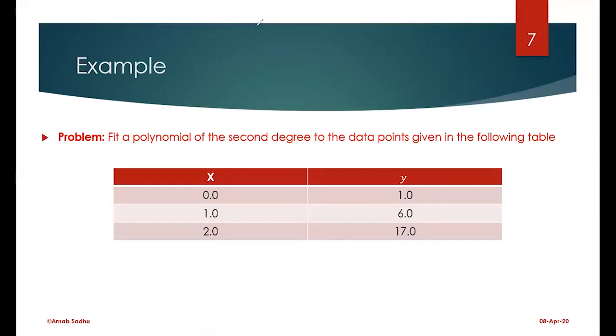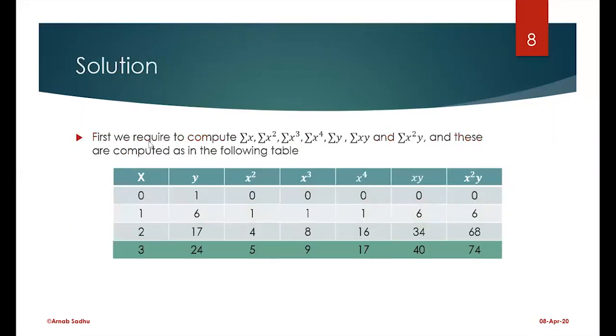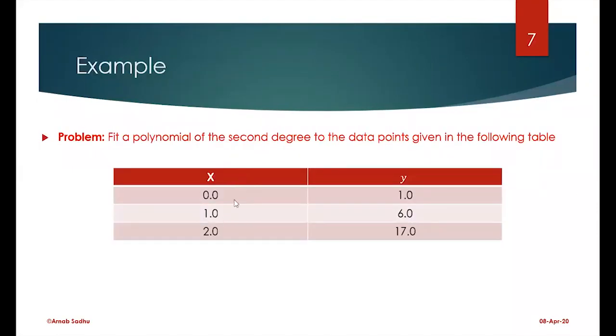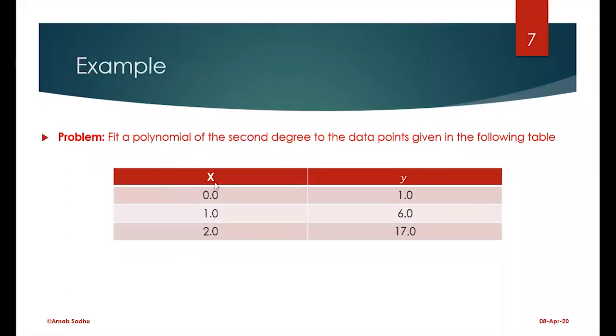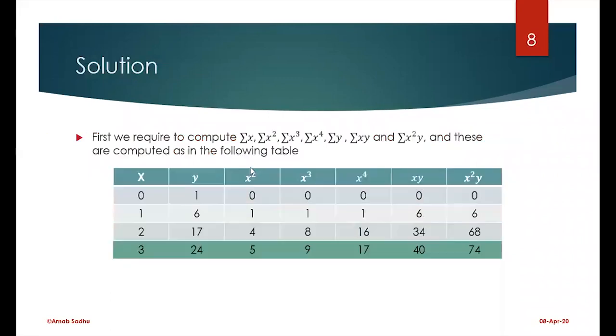Now how to proceed? So we require these things. As it was a polynomial of degree 2 we want to fit with, in case of degree 1, we needed x and x square. So here we will need x square, x cube, x to the power 4, because 3 data points are there. And for y we need y, xy and x square y.